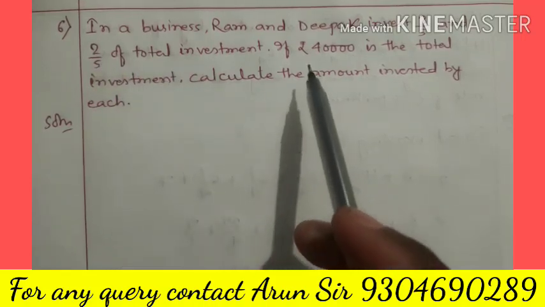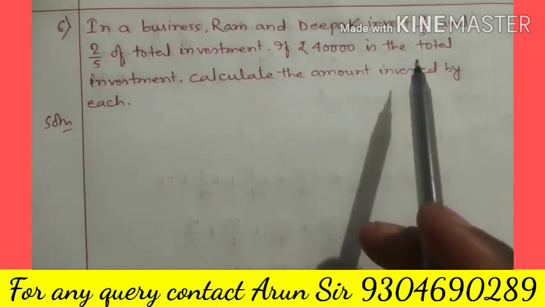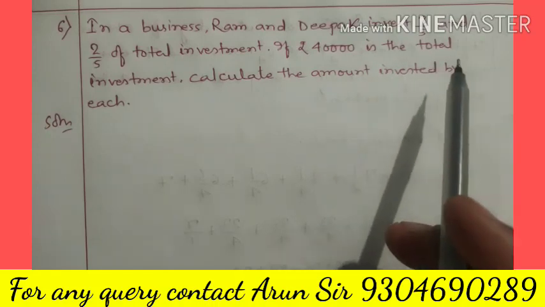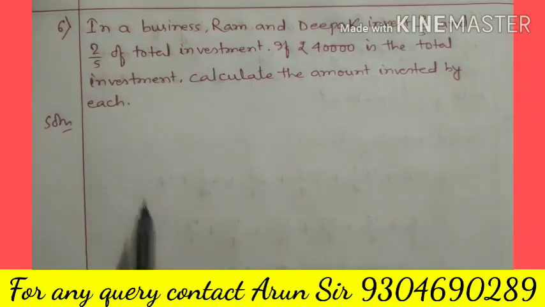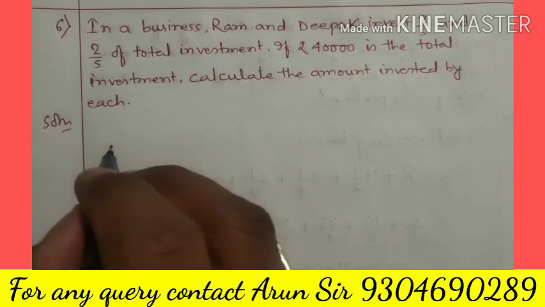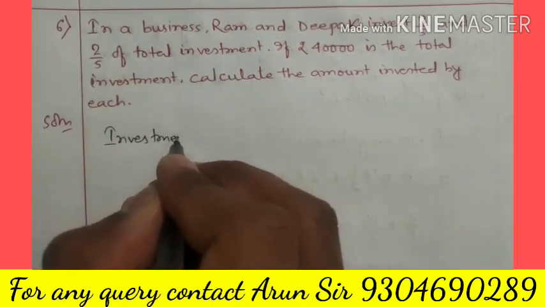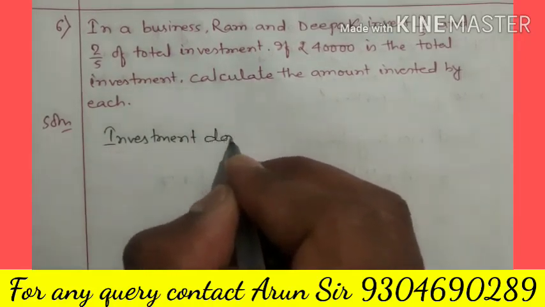If rupees 40,000 is the total investment, calculate the amount invested by each. That means question is asking how much does Ram invest and how much does Deepak invest. So we will write in the statement, investment done by Ram.